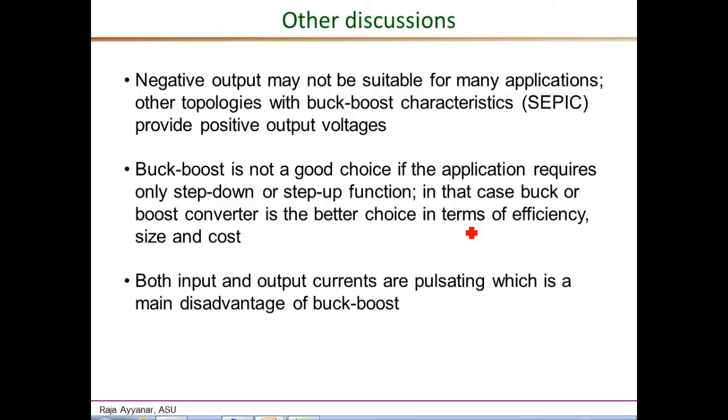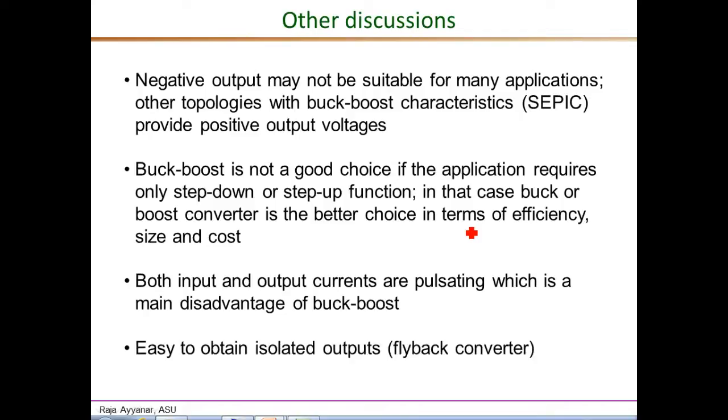Whereas the buck boost combines the disadvantages of both the buck and the boost. Both the currents are pulsating. So for example, if there is a stringent requirement on the high frequency content in the input current, then we will need an input LC filter for the buck boost converter case.